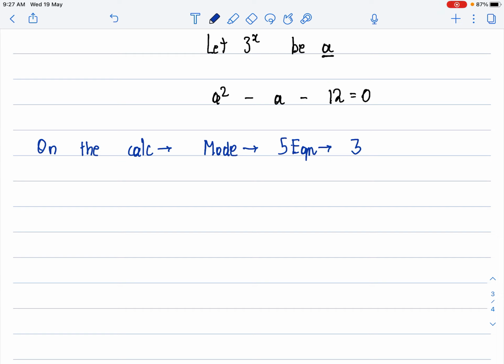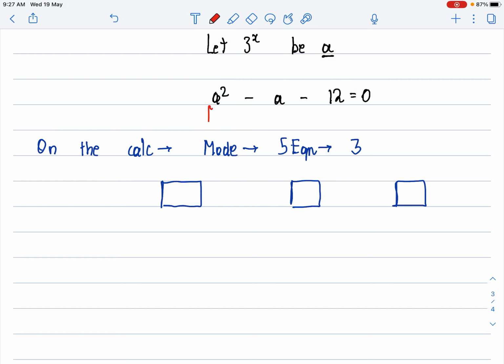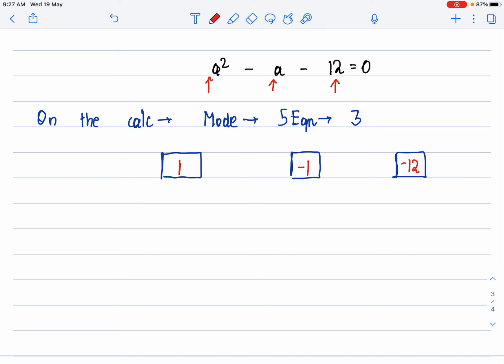Now when you click on 3, you get 3 boxes here, correct? In the first box, you put 1, which is the coefficient of a square. In the second box, put minus 1, which is the coefficient of a. And in the last box, put minus 12, which is the constant. Okay, just do that.